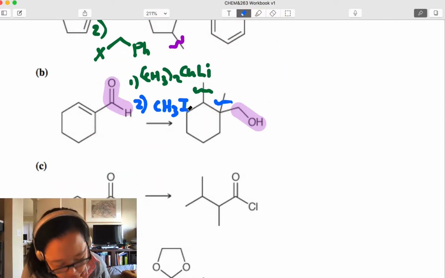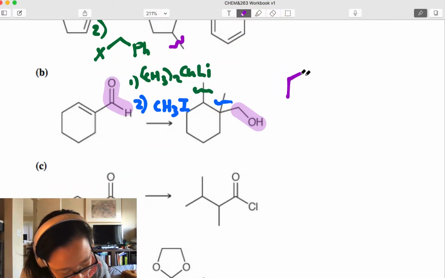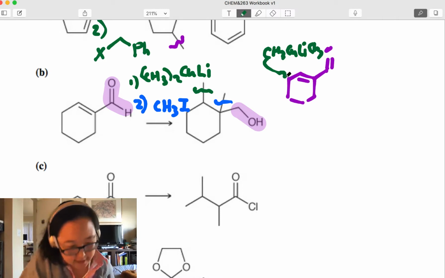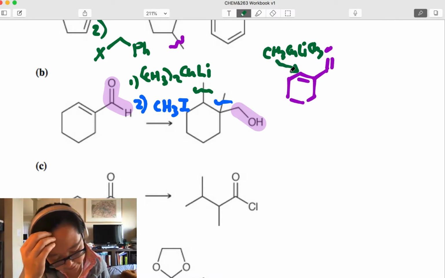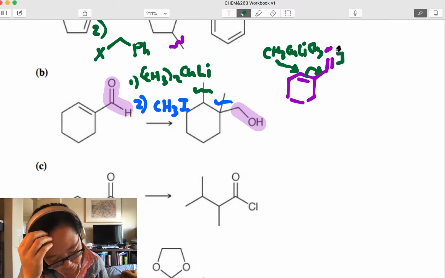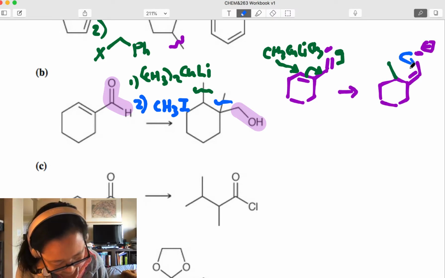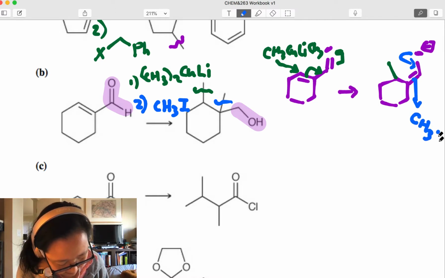Now don't forget to work out the mechanism so you understand how this works. Okay, how this works is you've got your CH3 of your Gilman. You have one of them attacking at the beta carbon, and then you get the enolate, and then that enolate comes down and attacks an R group of an alkyl halide.